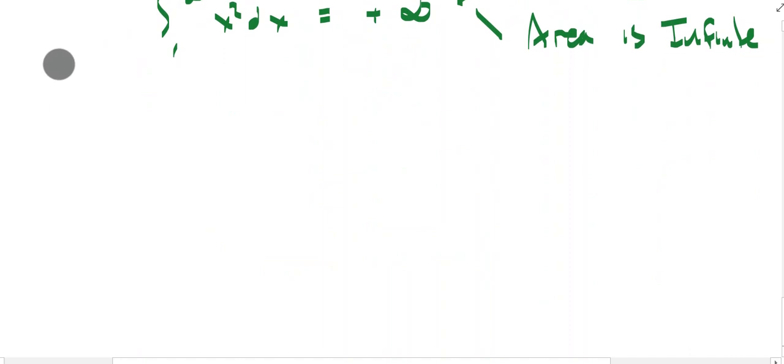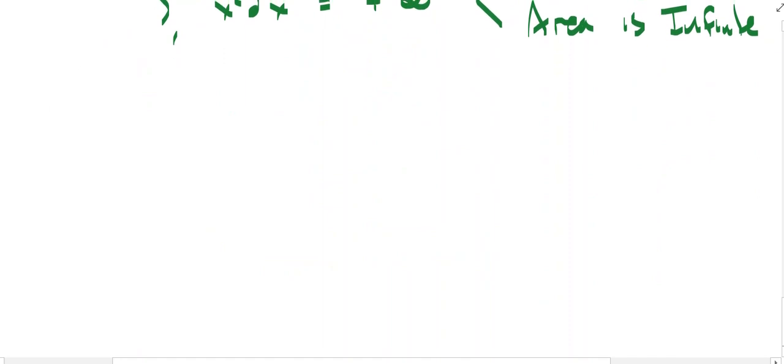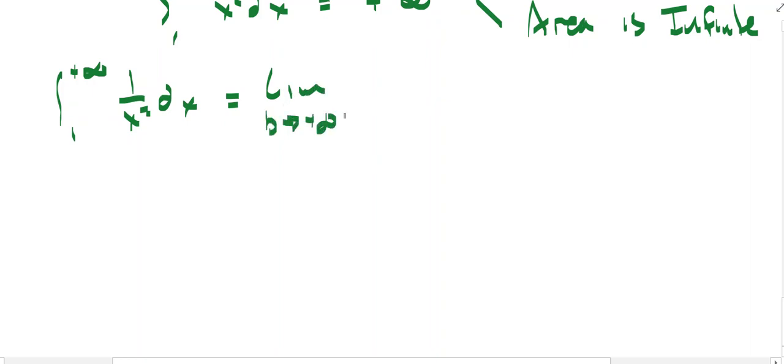Let's do another example. In the next example, I'm also going to have the upper bound of integration be infinity, but this time it's 1/x squared dx. So once again, I would write this as the limit as b approaches positive infinity from the left of, and let's write this as x to the negative 2 dx from 1 to b.